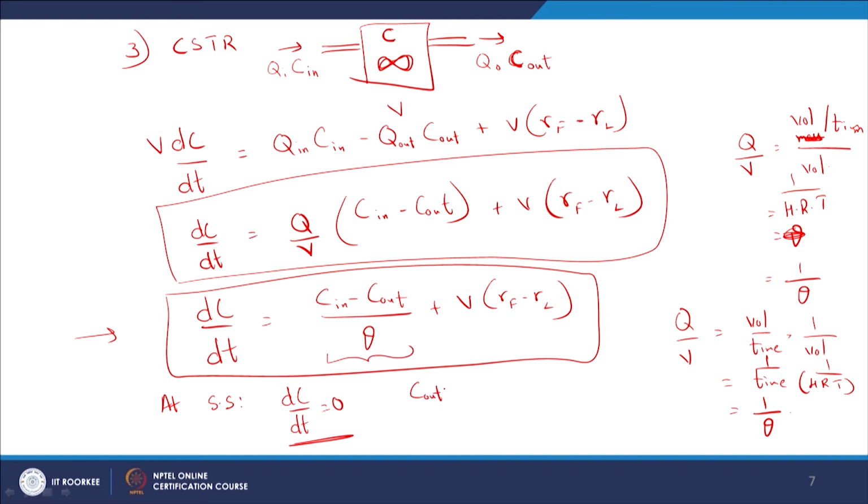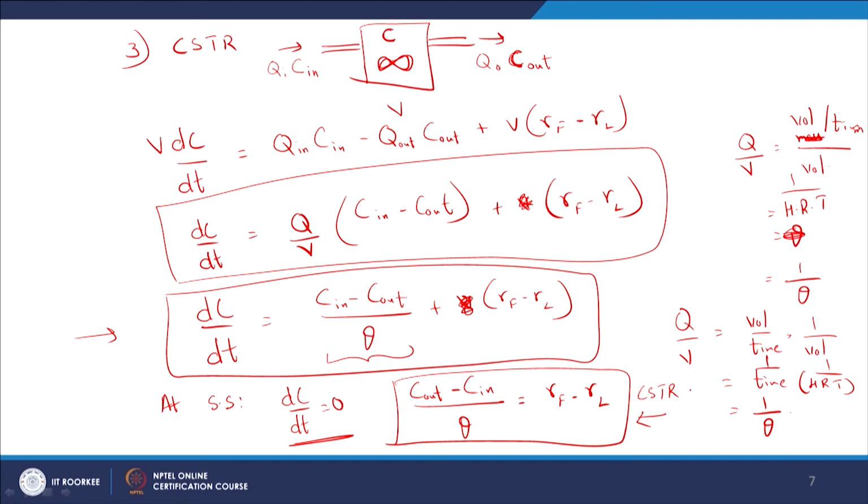So C out minus C in by theta is equal to rate of formation of the compound minus rate of loss of the compound. So this is what we have for a CSTR.